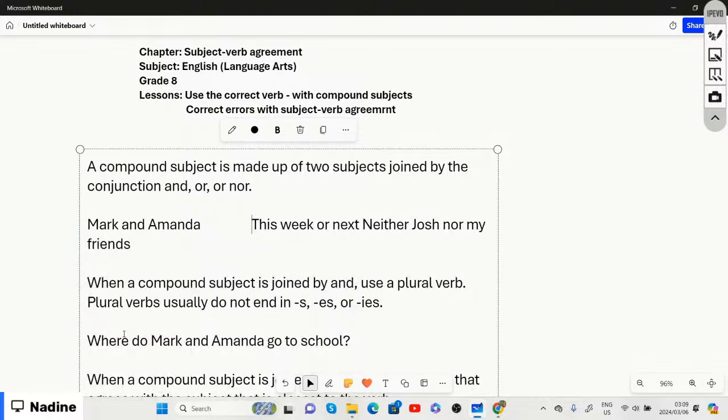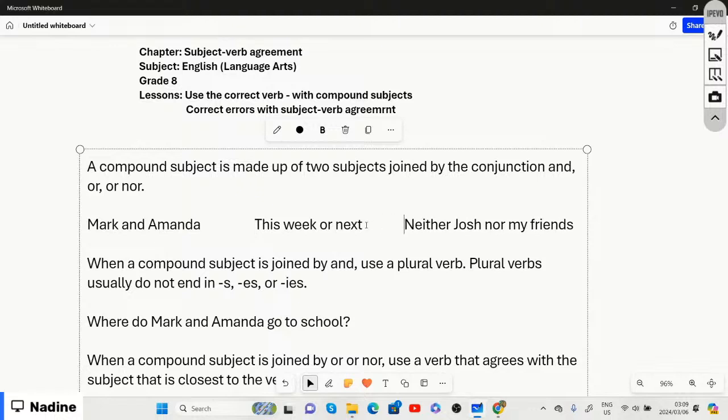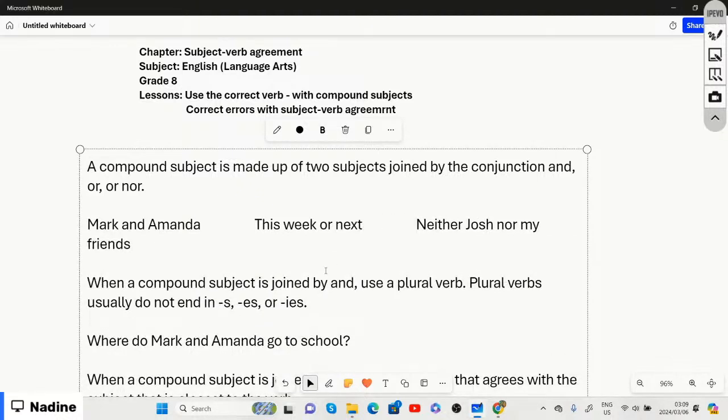So, this week or next. Neither Josh nor my friends. So that is basically a compound subject also. A compound subject is made up of two subjects joined by the conjunction and, or, nor.